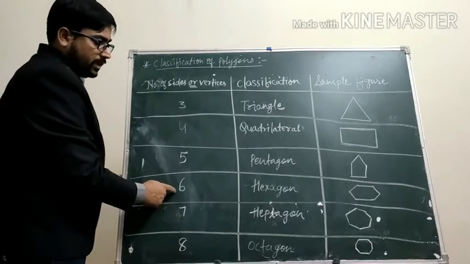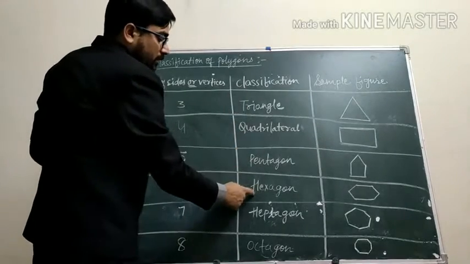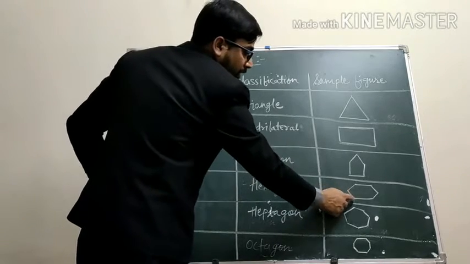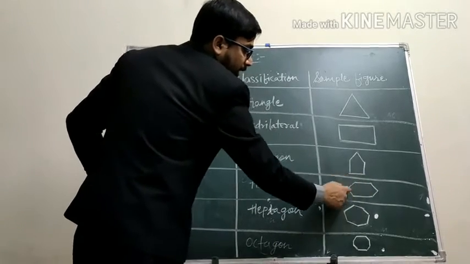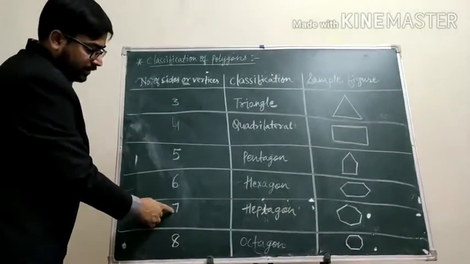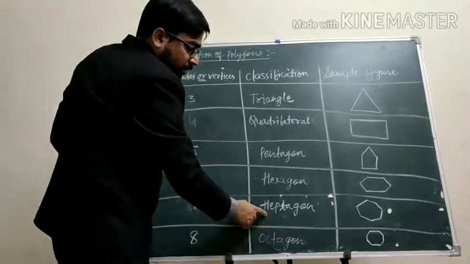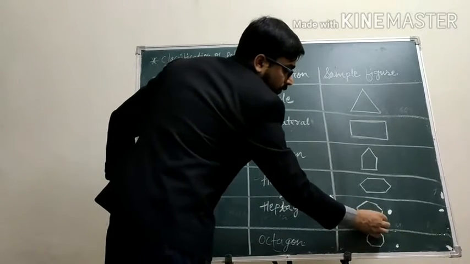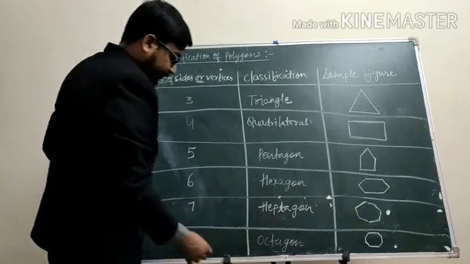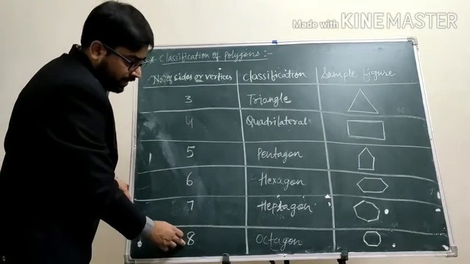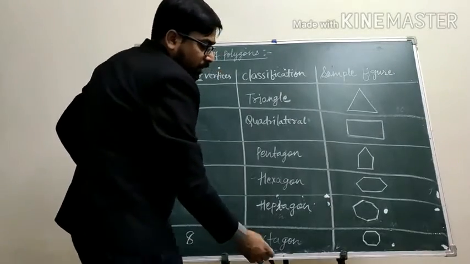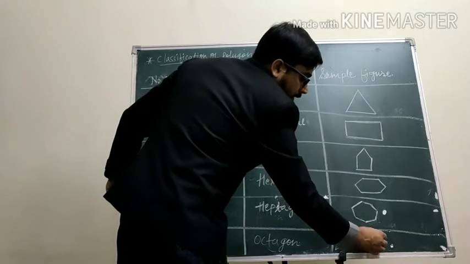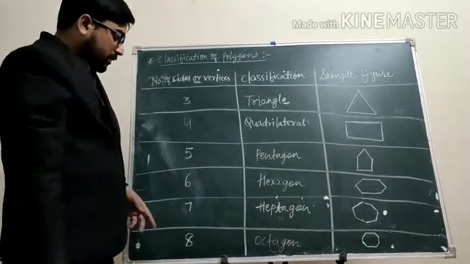Number of sides 6, classification name hexagon, and the shape of a hexagon is 6-sided: 1, 2, 3, 4, 5 and 6. 7-sided is called a heptagon: 1, 2, 3, 4, 5, 6, 7. Number of sides 8 is called an octagon: 1, 2, 3, 4, 5, 6, 7, 8. These are the shapes of an octagon.